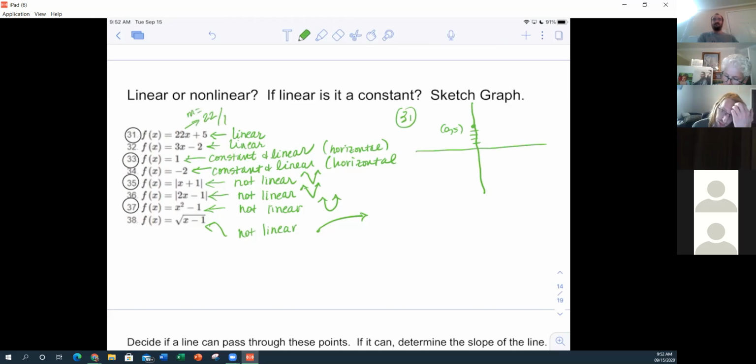So we go up 22, way off the page, and over 1.